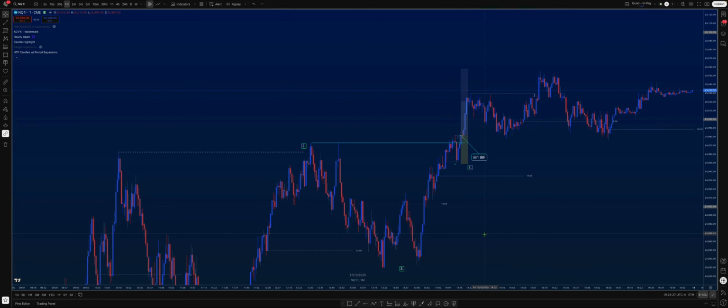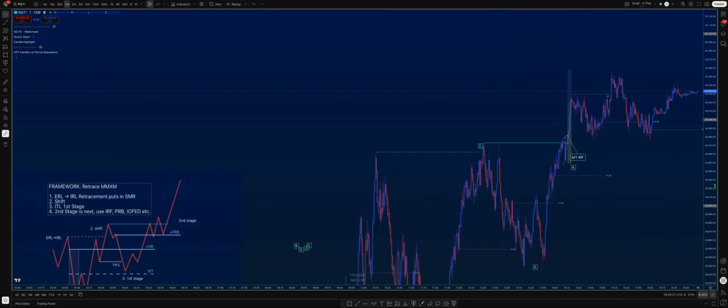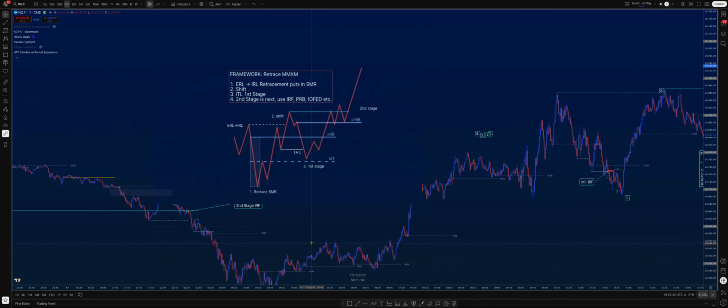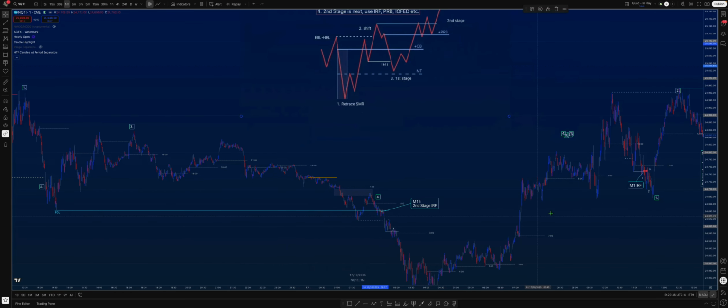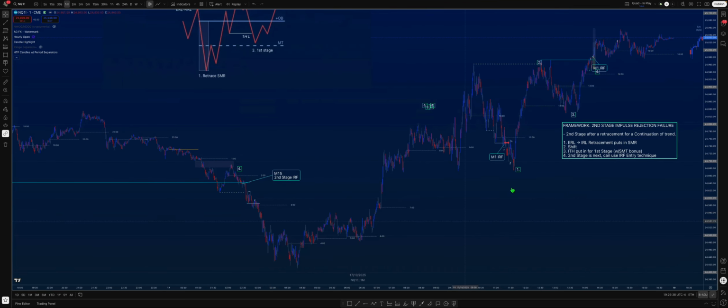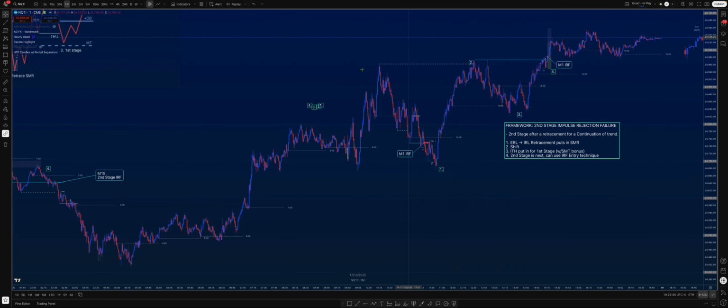because the entire market moves in market maker framework ways, and there are a lot of different nuanced ways to identify, such as this one right here. You won't see people identify market maker model frameworks like this.